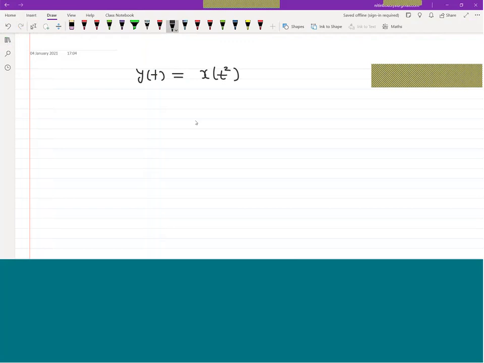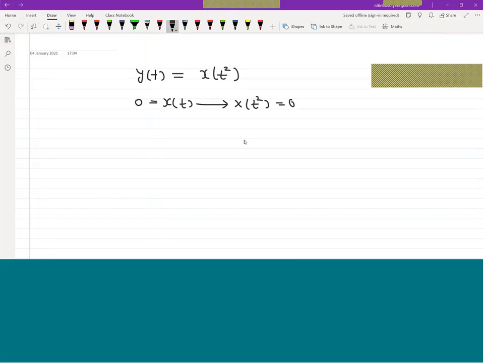Is this system linear or non-linear? So now you can say x of t square is your input. When you make x of t equal to 0, it results in x of t square also being equivalent to 0. x t को अगर मैंने 0 बनाया तो x of t square का वैल्यू भी कितना होगा? x of t square will also be 0.